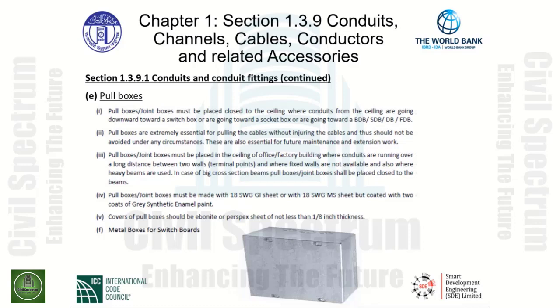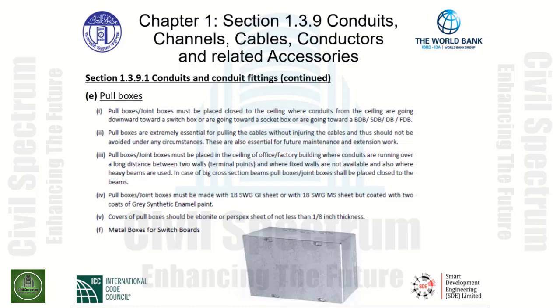Item number 2, pull boxes are extremely essential for pulling the cables without injuring the cables and thus should not be avoided under any circumstances. These are also essential for future maintenance and extension work.